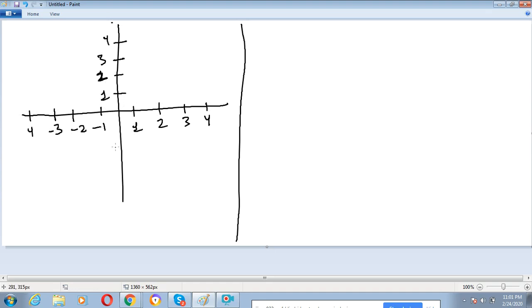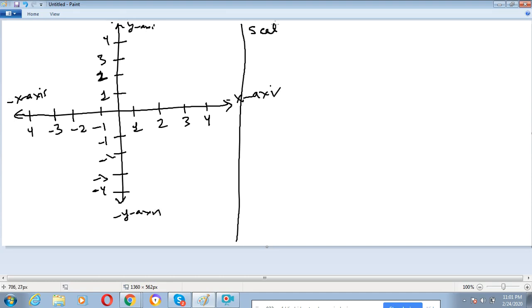See, first let me draw this graph paper. Okay, so this is x-axis. You should make an arrow like this, minus x-axis, y-axis and negative y-axis. Of course, you should always write a scale here.